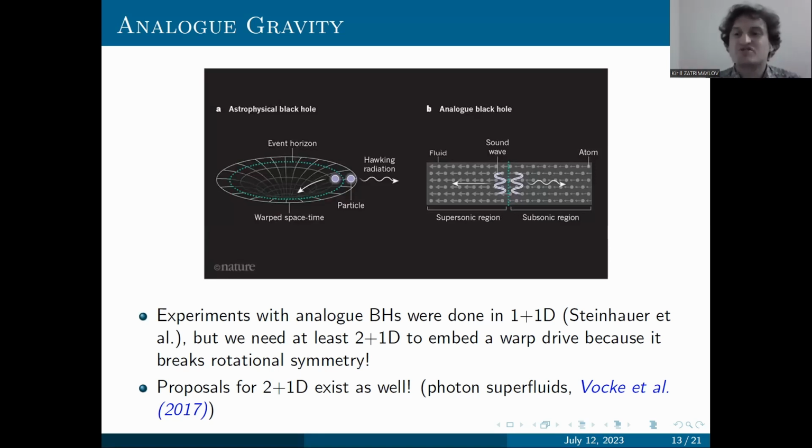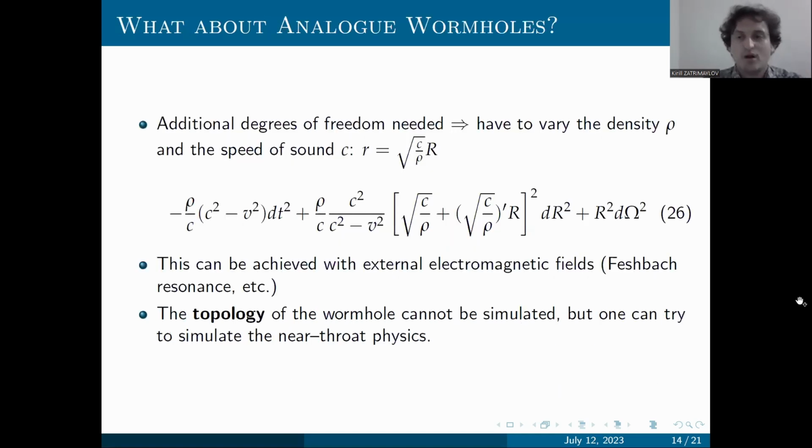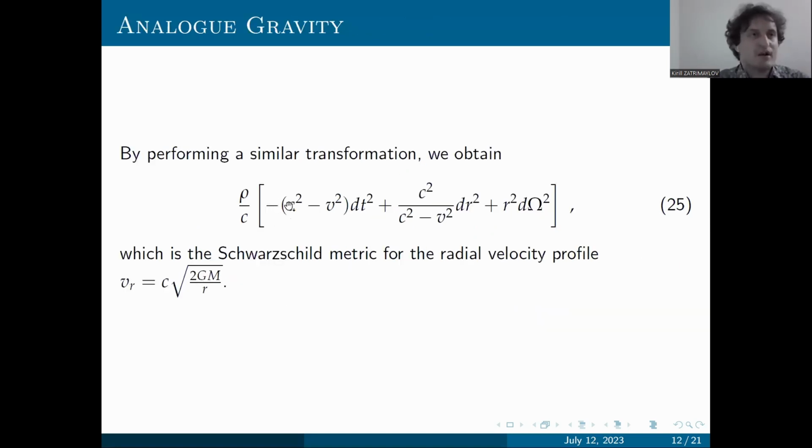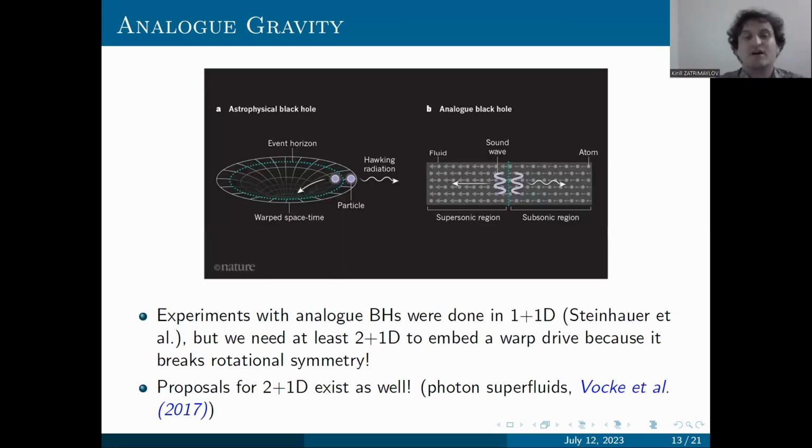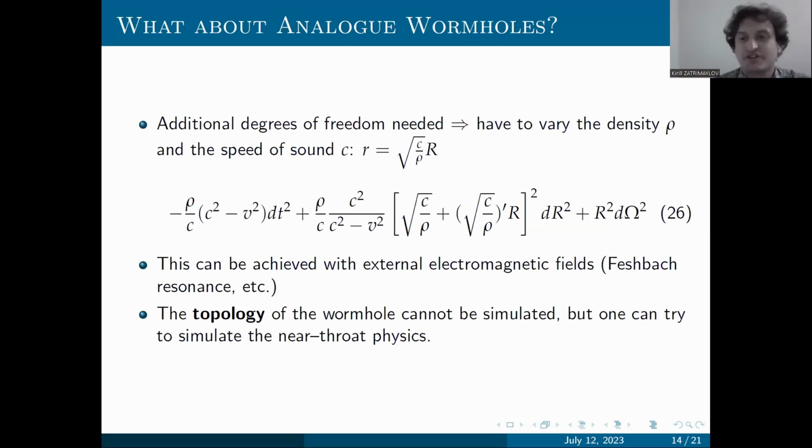Now the more tricky question is whether we can reproduce a wormhole in analog tabletop experiments. As you see here, this metric is the inverse of this. So if we want to have two distinct metric elements, we need to introduce additional degrees of freedom. Here c is the speed of sound, not the speed of light in this case.